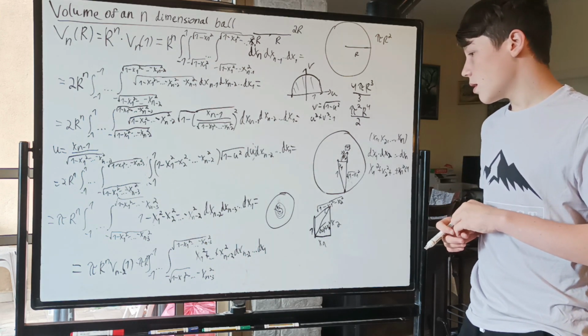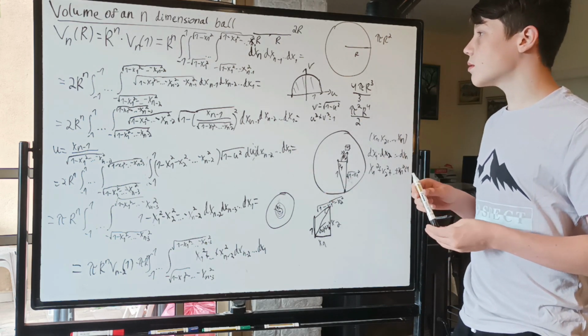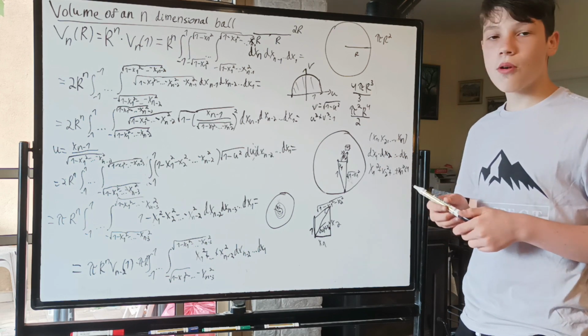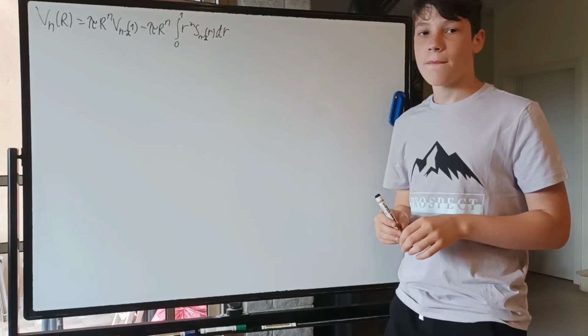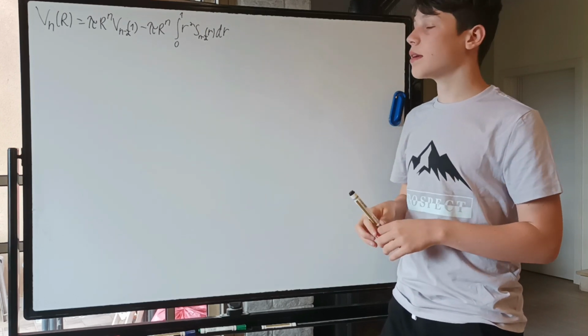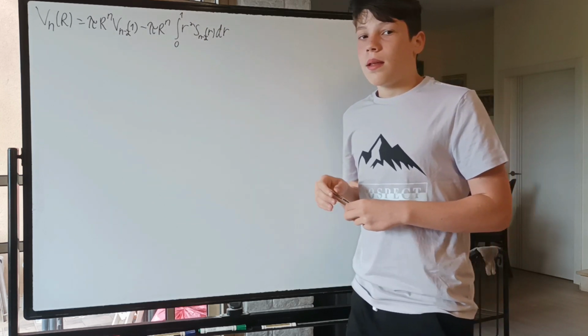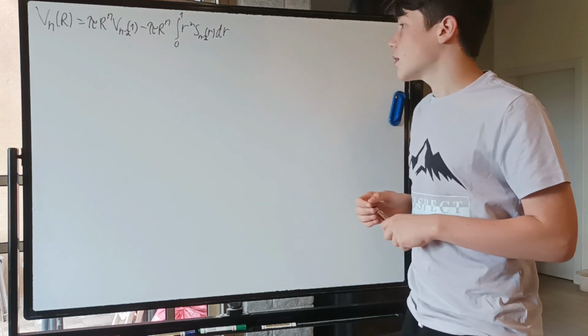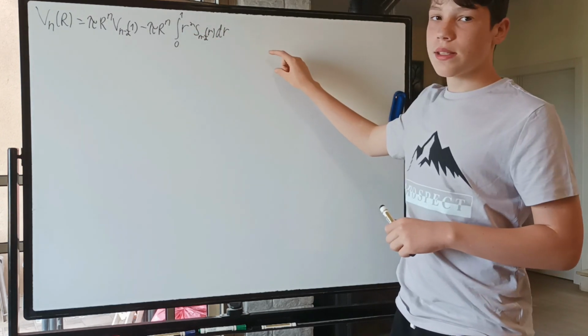So let's move it to the other side of the board, and we'll continue to evaluate this. This is what we got up to, and I already replaced our integral with this. Again, we're calculating the average of the radius squared.